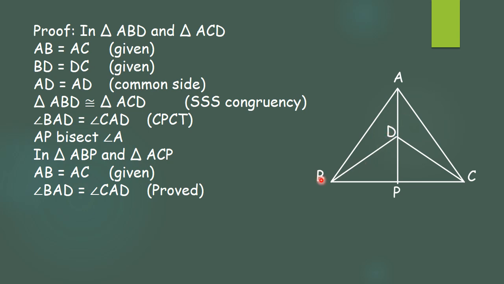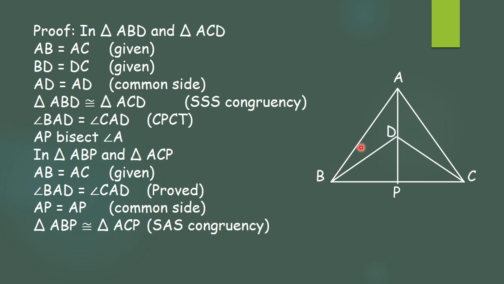The same will be angle BAP, because AD and AP are just extended lines. And the third is AP equal to AP, that is a common side. So the triangles are congruent by SAS congruency. And as the triangles are congruent, their corresponding parts will be equal. So actually what we get is BP equal to CP. It means that P is the midpoint of BC. That is what we required. Now we have proved the second result.